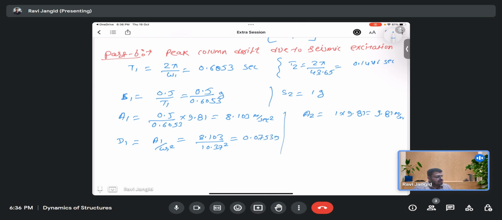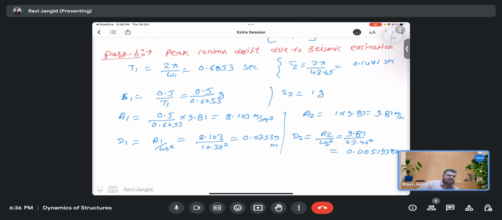Okay. Similarly, you can find D2, that is A2 by omega 2 square, so that is 9.81 divided by 43.46 square, coming out to be 0.0051938 meter. So those are in meter. You can write it in centimeter, but we will write that later.